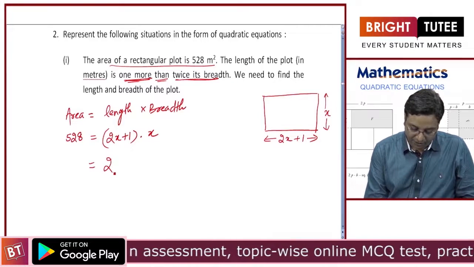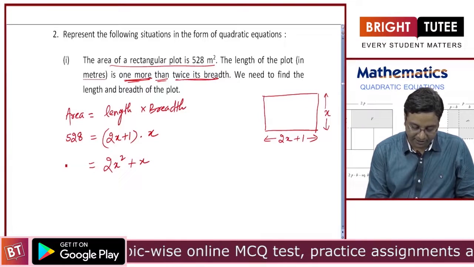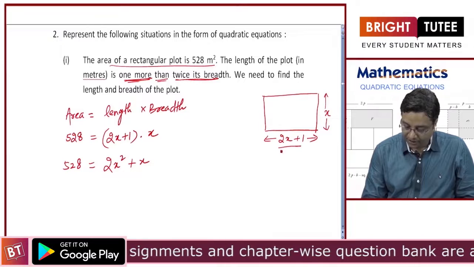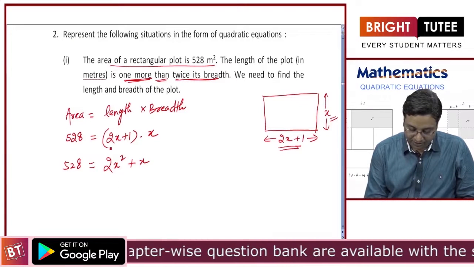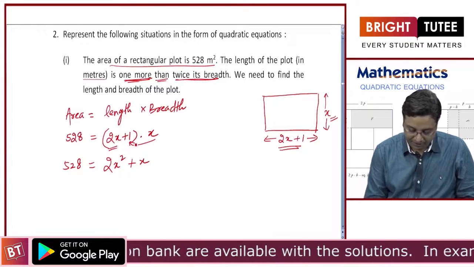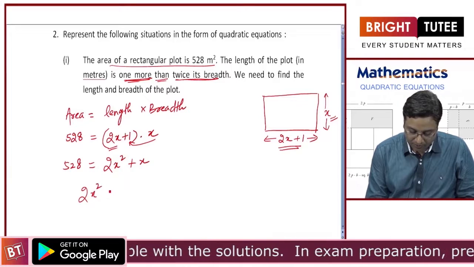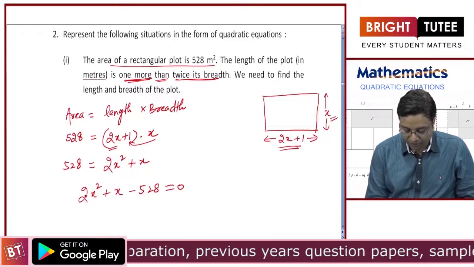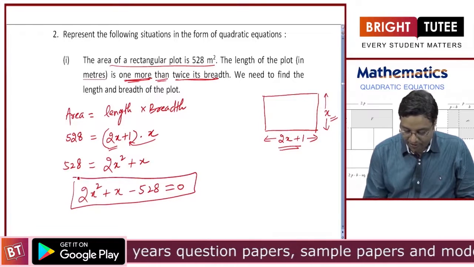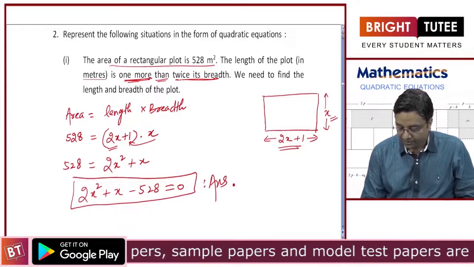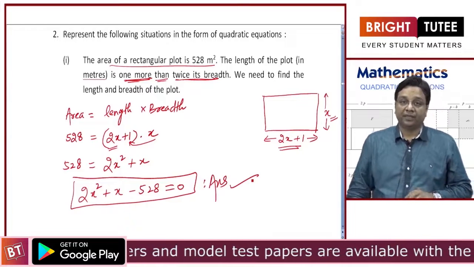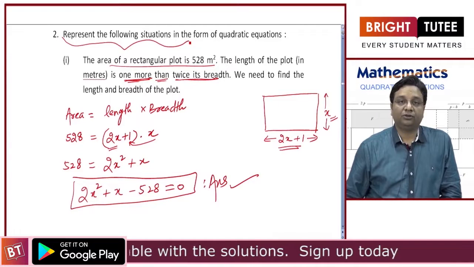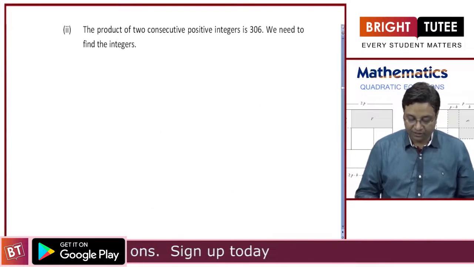So, when I solve it, length into breadth will give me 2x squared plus x equals 528, right. So, now 2x squared plus x minus 528 equal to 0. This is the answer to this question, right? This is the final answer because he is just asking us to represent this situation in the form of a quadratic. So, let us look at this one.